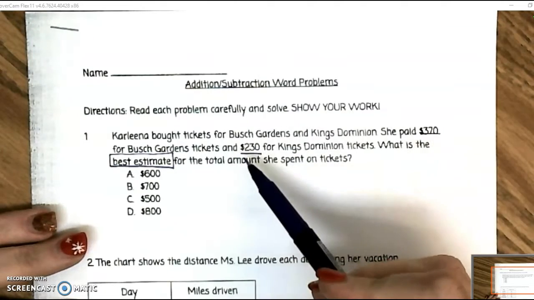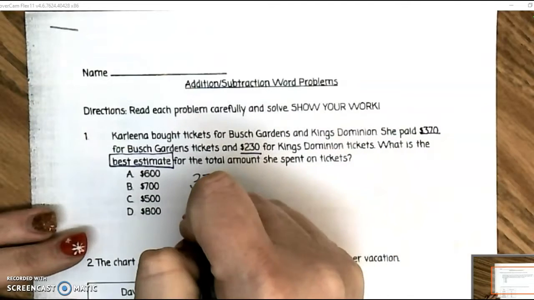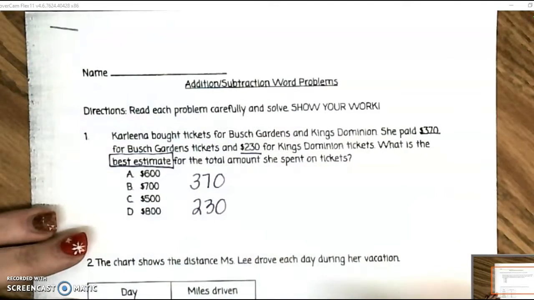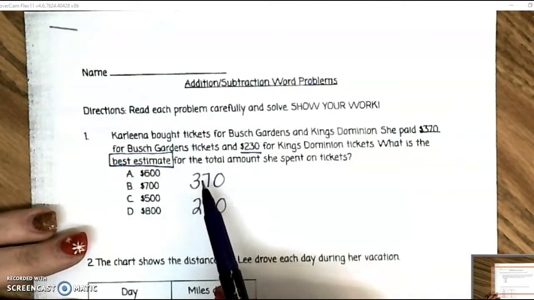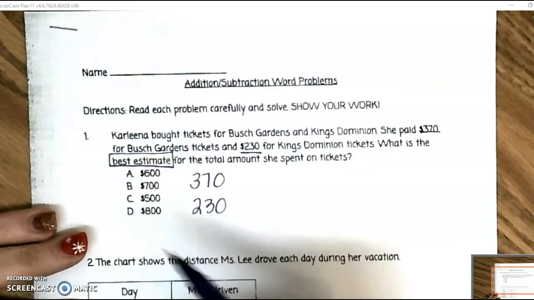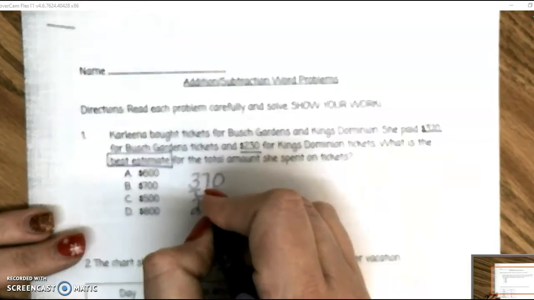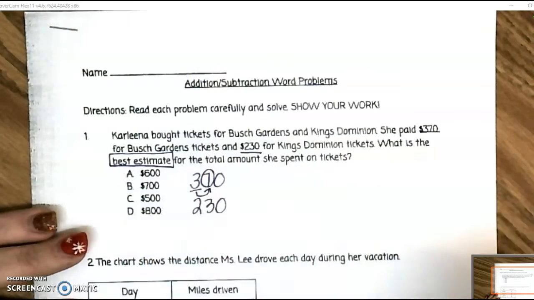Because both of these numbers, 370 and 230, go up to the hundreds place, I'm going to round them to the nearest hundred. Also, I can see in my answer choices here, all of them go to the hundreds place, so that's a good clue as well. So I'm going to round 370 to the nearest hundred first.